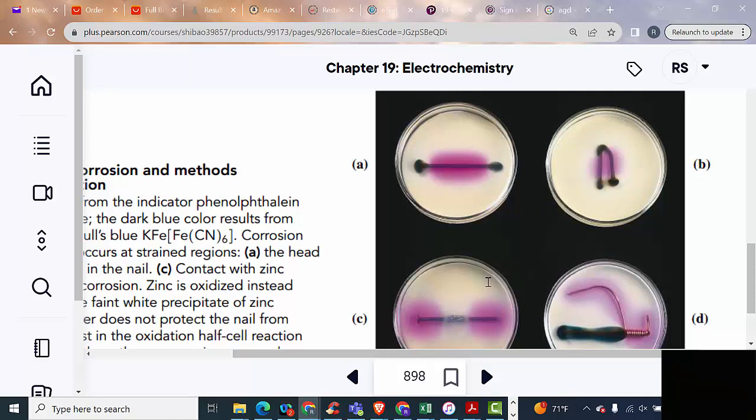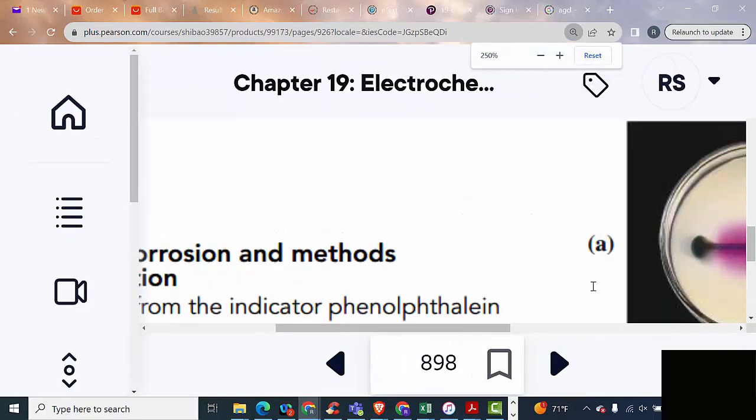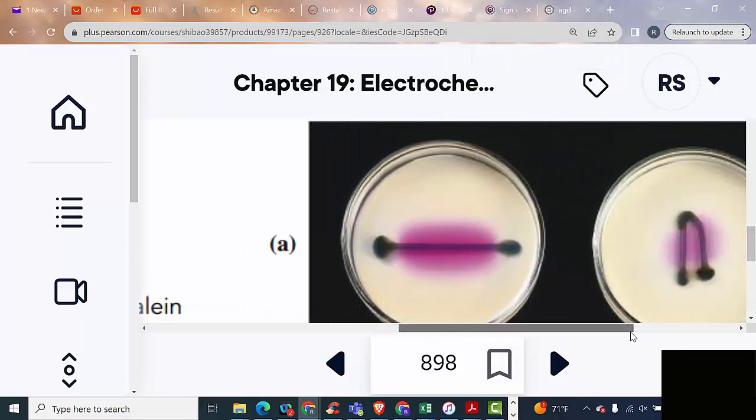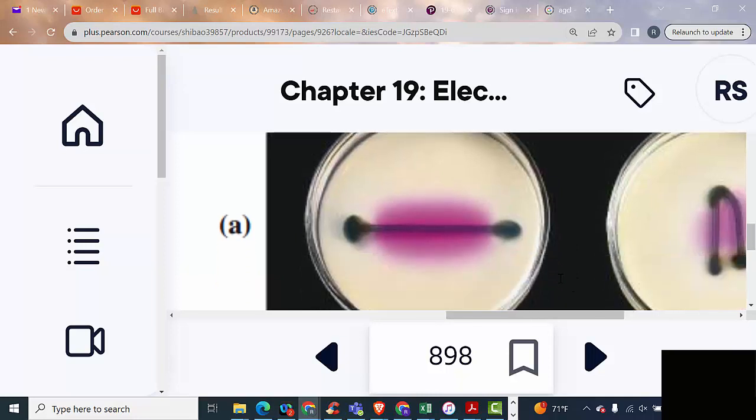If you hammer the ends of the nail, what are you going to create? Defects. And so the ends of the nail are what we call the anode or the cathode. Anode. We have two anodes here. And do you see this purple here?